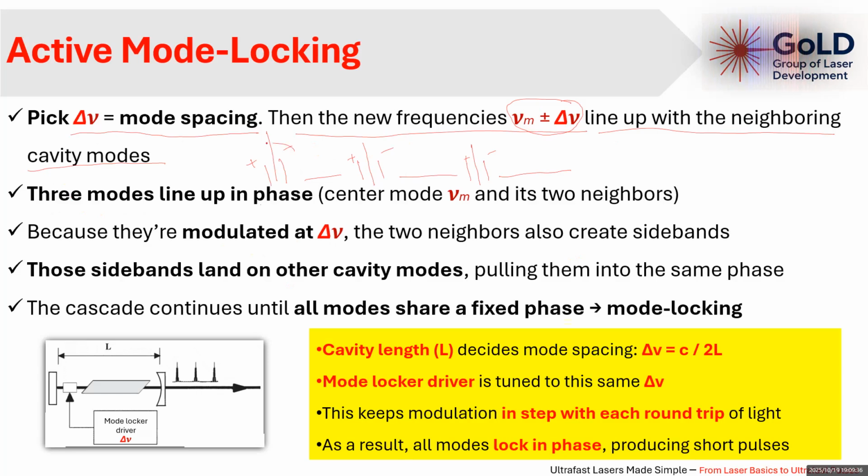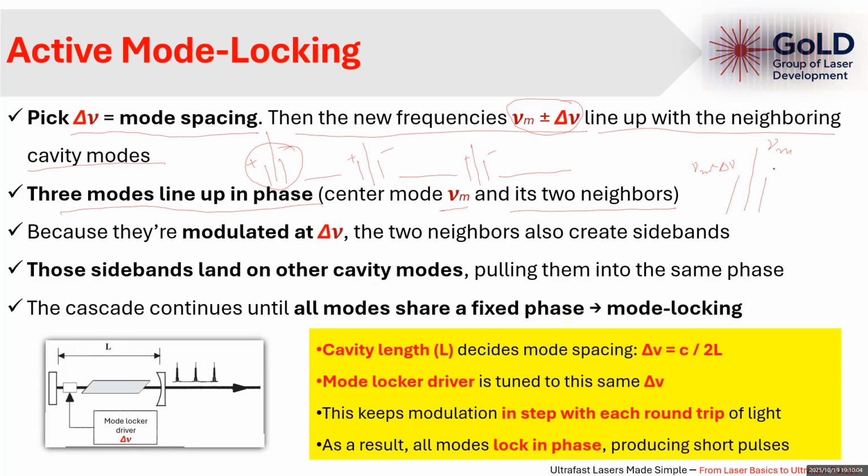And these three modes, taking the example of three modes, line up in phase, okay. And this is the center one, and its two neighbors are plus minus the spacing frequency. The center one here is the actual mode, and on this side we can say plus delta nu, and on this side we can say minus delta nu.